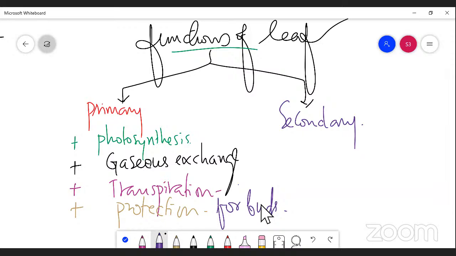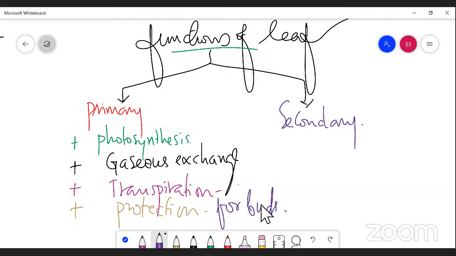It is involved in photosynthesis because it is a photosynthetic organ, a very thin blade-like structure that performs photosynthesis. Second, it is also involved in gaseous exchange due to the presence of stomata. Third, transpiration also takes place through stomata, right? And it also gives protection to buds. When the buds are young, they are to be protected, right? That is the primary function.